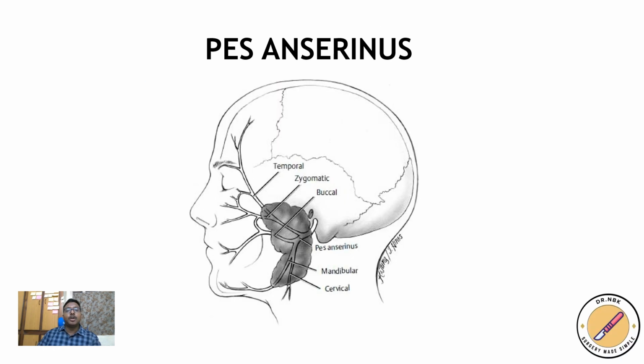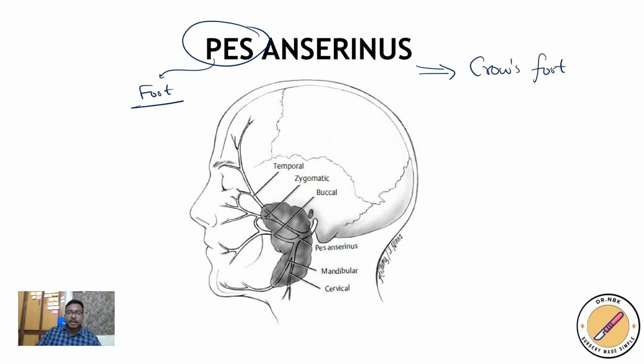Right. Next, what is pes anserinus? Pes is nothing but a technical term for foot. So you know from anatomy we have learned it is just like a crow's foot. It resembles a crow's foot. What is this crow's foot? Anserinus is nothing but a network. So what is the network?